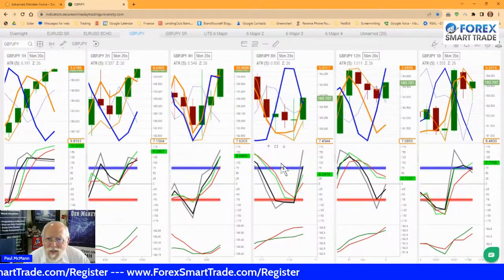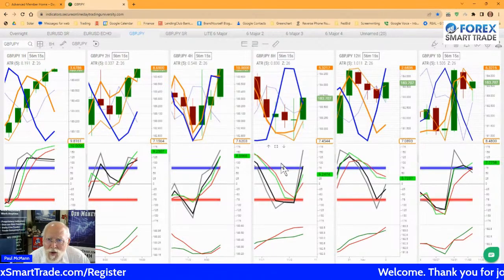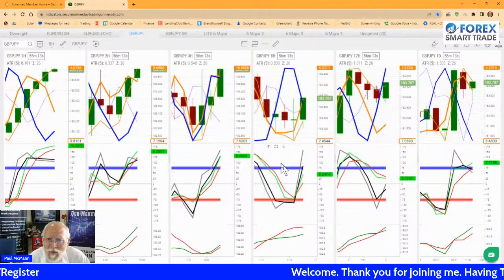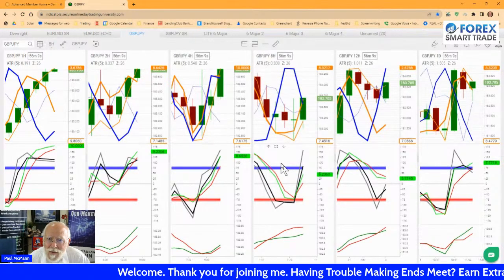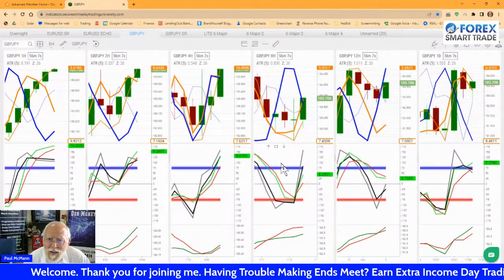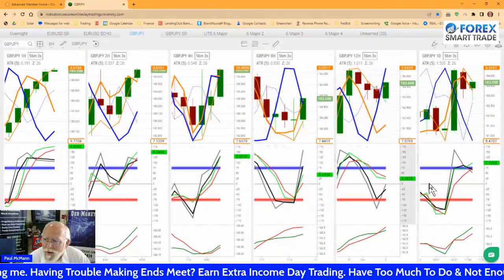So that was different because it was flat and all the other charts were saying buy. So we took a pending trade above the resistance line. And that ended up working out. We made money on that.